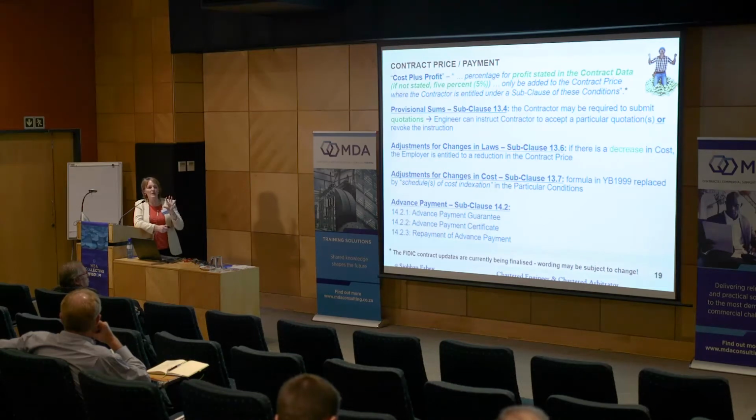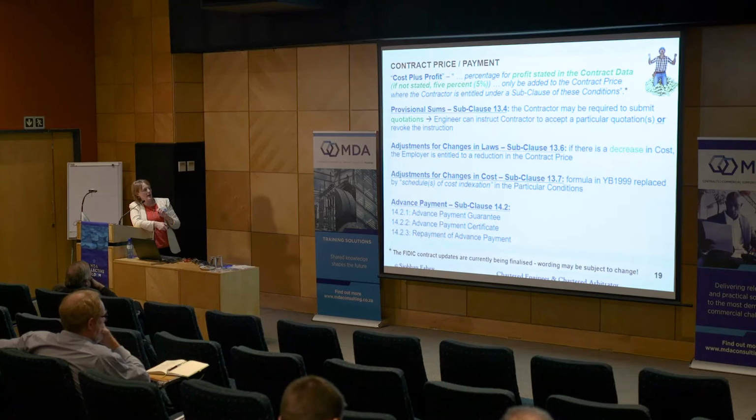So now we say we're not going to specify any formula. You write in your particular conditions how that adjustment should be made. And then in the guidance notes to the particular conditions, we make reference to the formula as an example. So that's how we're trying to deal with that.